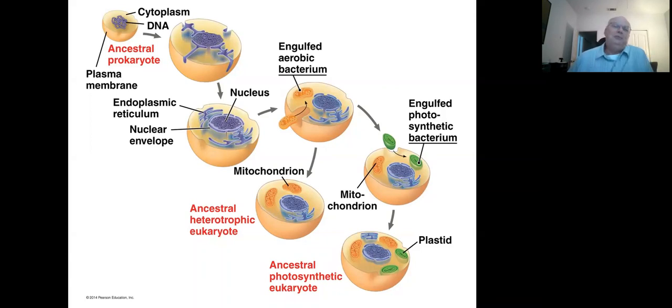And it is not difficult to imagine the origin of the endomembrane system through invagination of the plasma membrane. The membranes of all of these organelles resemble very closely the plasma membrane. And so it's not difficult to imagine the origin of the endomembrane system, and certainly the membrane-bound components of it, as being the product of invaginations of the plasma membrane.